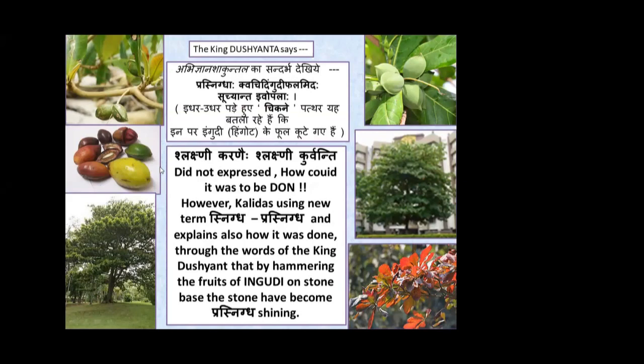Okay, it was done. And there are references in Ramayana, Mahabharata, in Sushruta. It is also a medicinal plant. And even it is mentioned that the oil is used for lighting lamps.